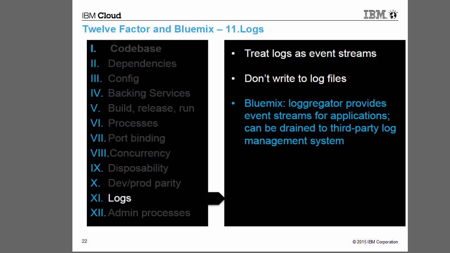Bluemix provides the log aggregator capability, which is responsible for logging and provides a stream of log output from your application, and also logs for the services you tie to your application. You can also tie your logs to a third-party log management system with the Bluemix architecture. So the log aggregator is one piece provided to monitor logs in Bluemix.